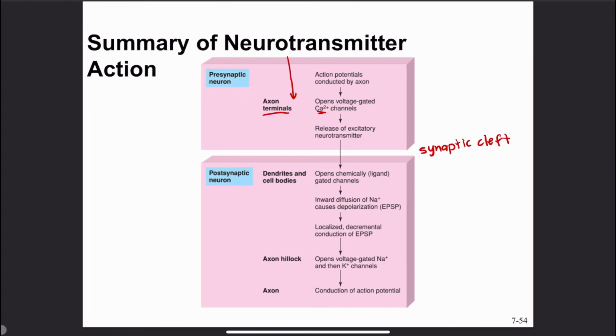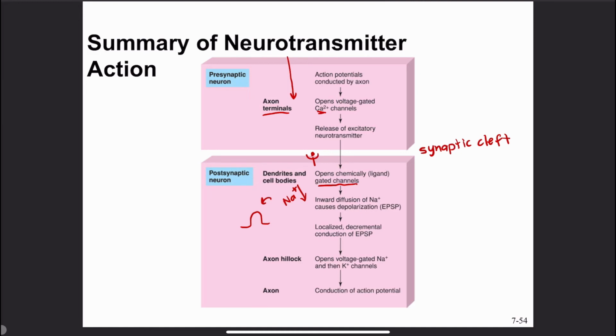That will get bound to our postsynaptic neuron, and that binding is going to cause chemically gated channels to open, and this will cause inward diffusion of sodium. So sodium will rush into the cell. This is small, this is localized, this is not your action potential that we talked about last week. This is just a small change, and it might cause a small depolarization bump. That's why it's called an EPSP.